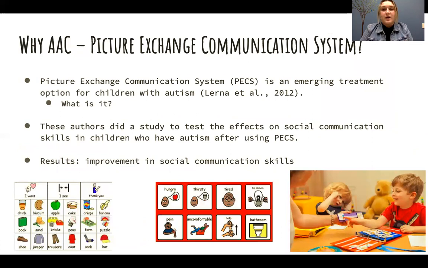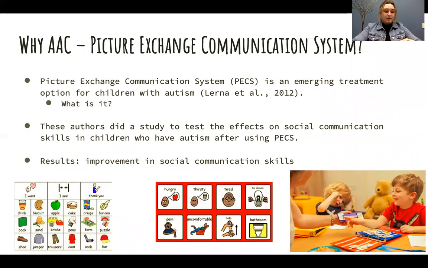There are many reasons why AAC is a beneficial option for children with autism. Picture Exchange Communication System, or PECS, is a type of aided AAC system that is emerging as a treatment option for children with autism. PECS allows children who have very little to no verbal speech to communicate through pictures. It involves exchanging of these pictures to communicate with someone else in ways such as requesting or commenting.